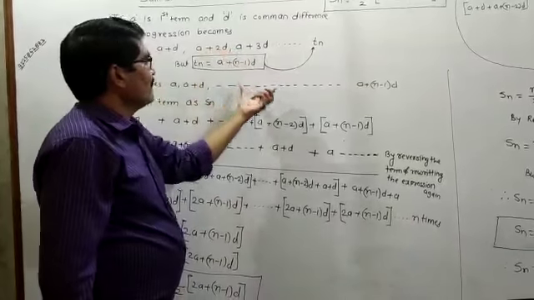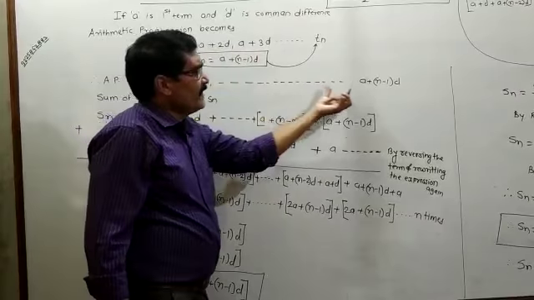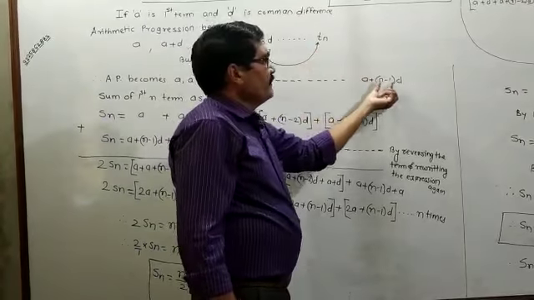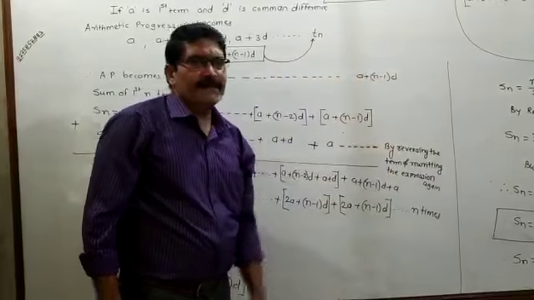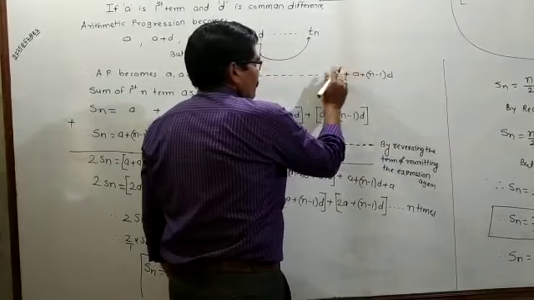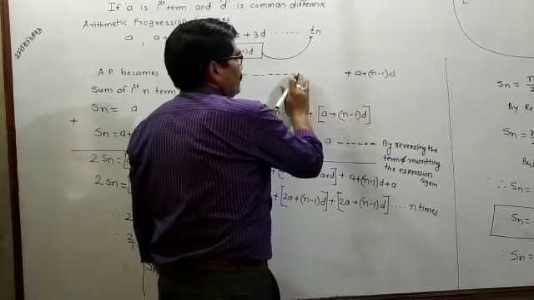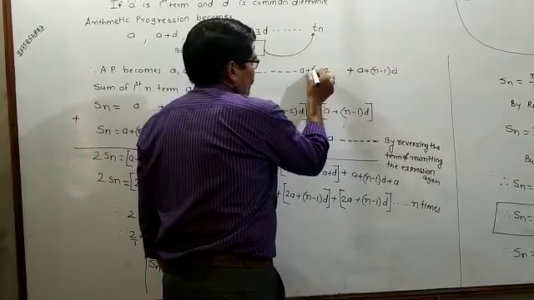I will not write the remaining terms. I take the first two terms, and directly write tn as a plus (n minus 1) into d. If you want to write the previous term, it will be a plus (n minus 2) into d.